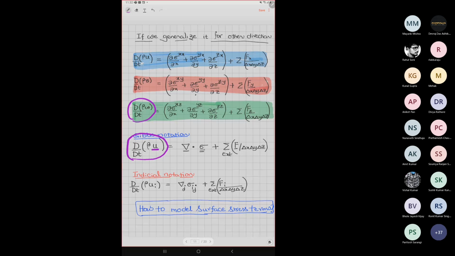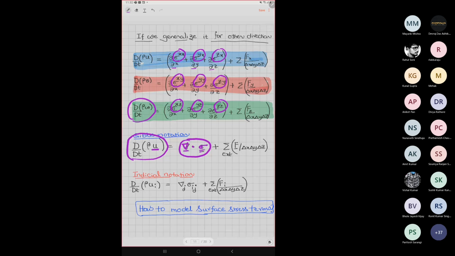This entire thing, divergence of your sigma. Sigma, you already know: sigma xx, sigma yx, sigma zx, sigma xy, sigma yy, sigma zy, sigma xz, sigma yz, sigma zz. And what is acting on that? Del by del x, del by del y, del by del z. And you are going to condense it. So you have divergence, del dot sigma.